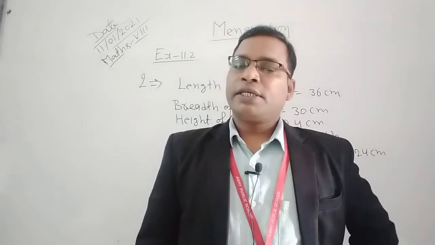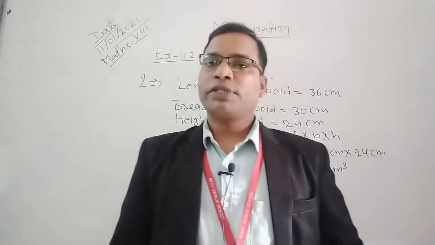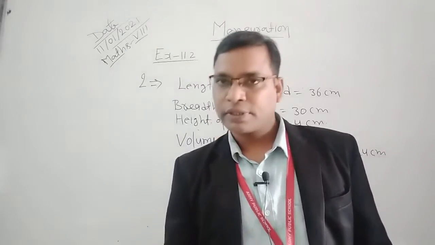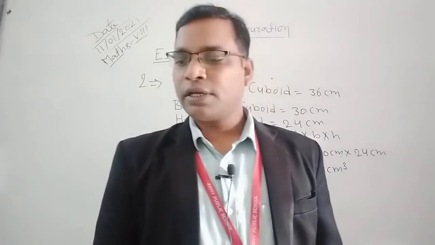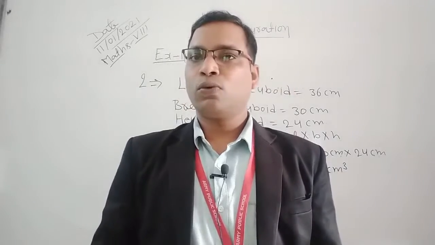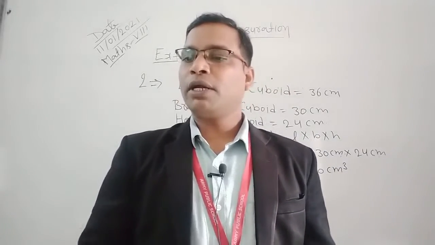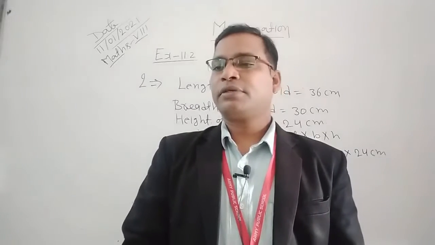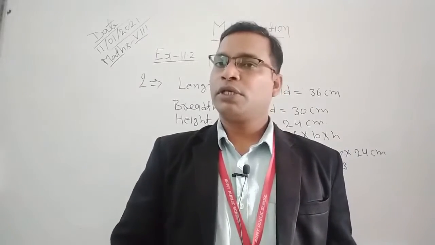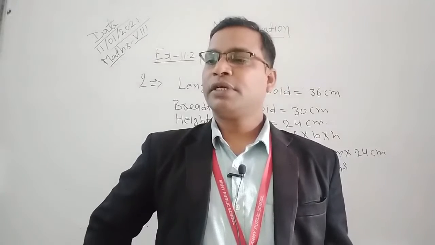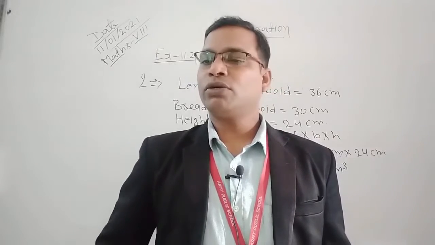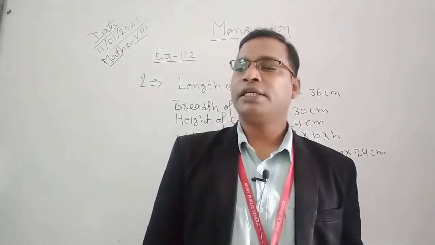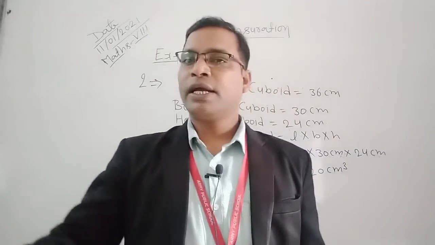Now we are going to discuss the next question. The next question is given here: a cuboid is of dimension 60 centimeter, 54 centimeter, 30 centimeter. How many small cubes of 6 centimeter can be placed in the given cuboid? I repeat this question again.